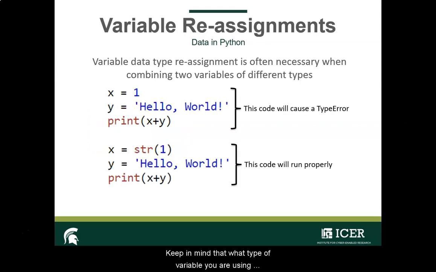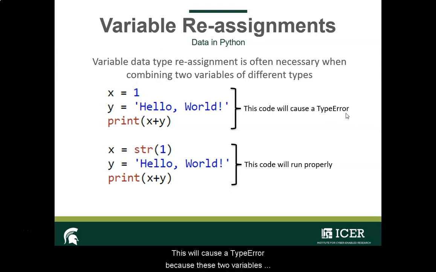Keep in mind that what type of variable you are using matters for what you're trying to do. This is why variable reassignments are important. So here I have my x is 1 and my y is hello world, and I'm trying to print the combination of an integer and a string.